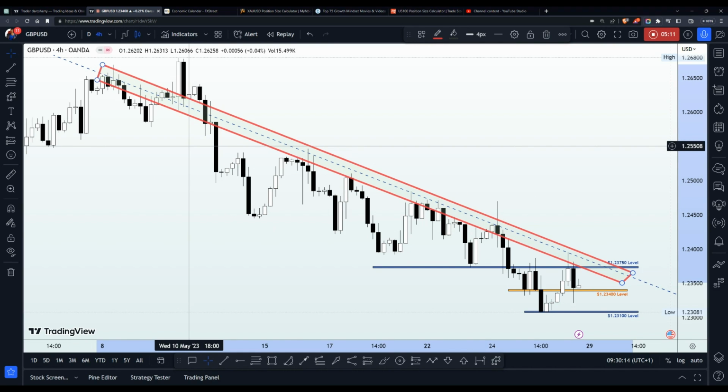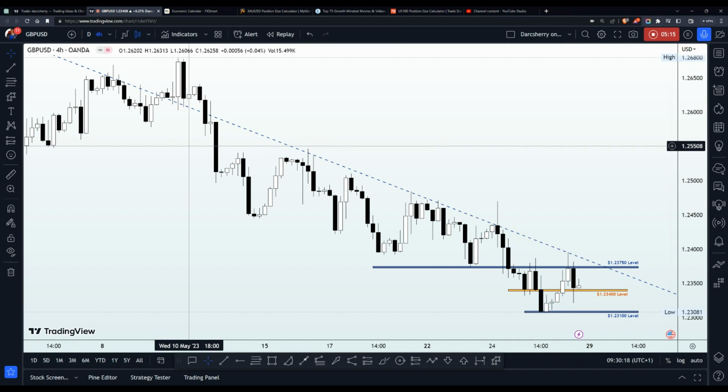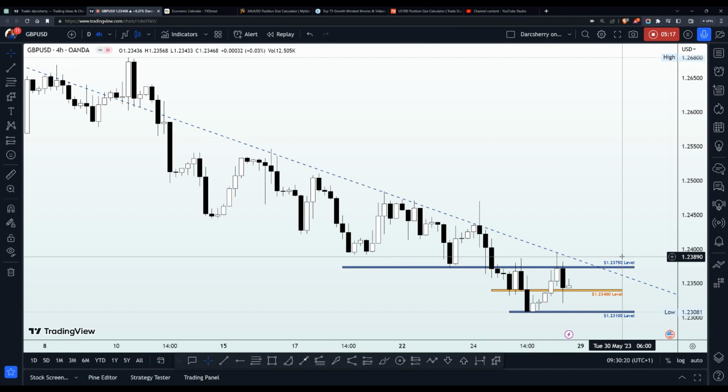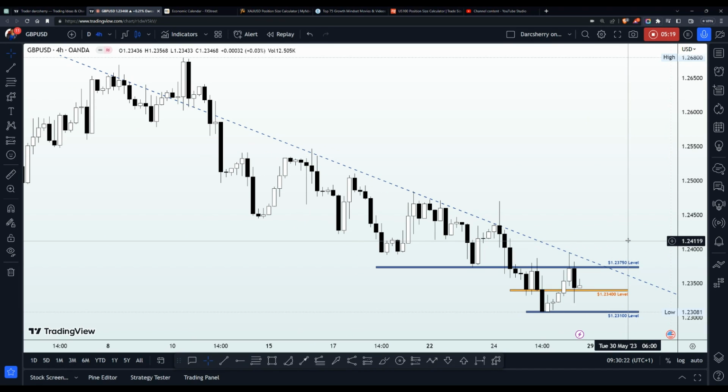This is the trend line we are going to be using to guide our trading activity for this week. The natural thought process in this kind of structure is to look out for selling opportunities. Of course, price action has been trading below the bearish trend line, so definitely we want to be looking out for how to sell.